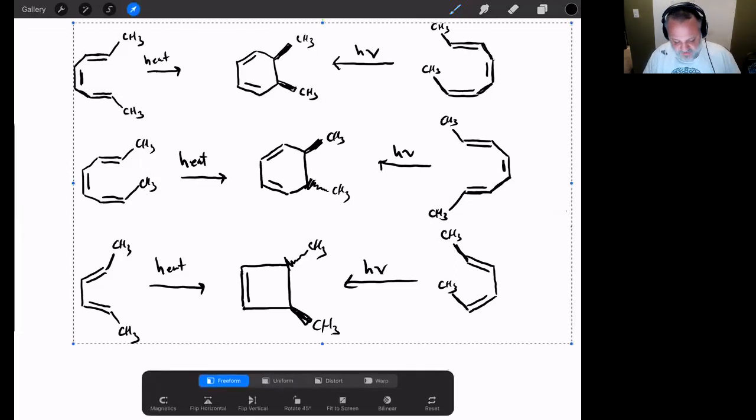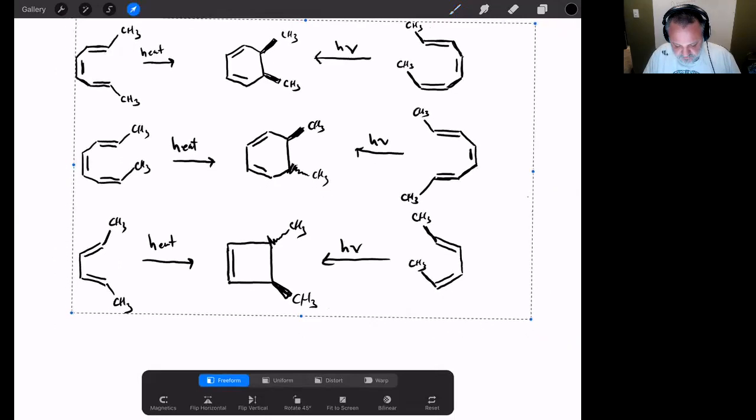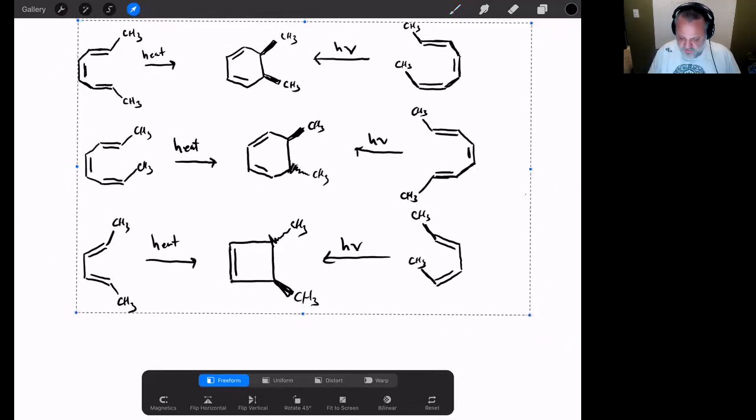Now there's one more set to draw. I'm going to just shrink these down just a little bit so I have some room to draw that next set.